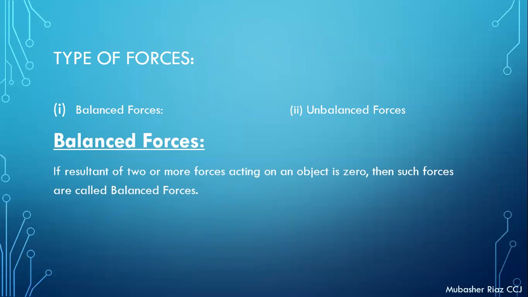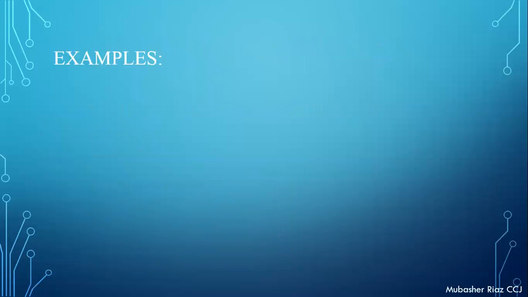Suppose more than two forces are acting on a single object, and if their sum is 0, if their resultant is 0, then such forces are called balanced forces. If the sum of the forces acting on an object is 0, then the object is said to be in equilibrium, and such forces are called balanced forces.